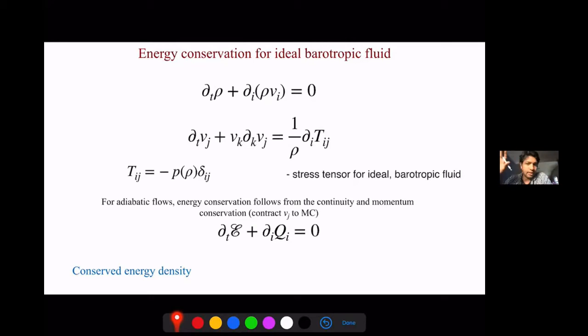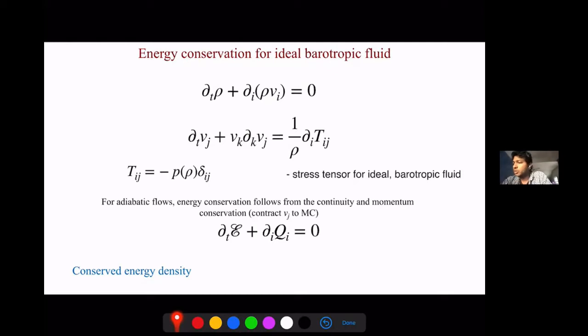As I said, I'm not going to consider any other equations because all of them relax at a much shorter time scale. So these are the only long-lived conserved quantities that I'll be focused on: the momentum conservation and the mass conservation. Here I'm talking about an ideal barotropic fluid, so I have set all the first order transport coefficients to 0. The stress tensor is just given by the negative of pressure times delta ij.